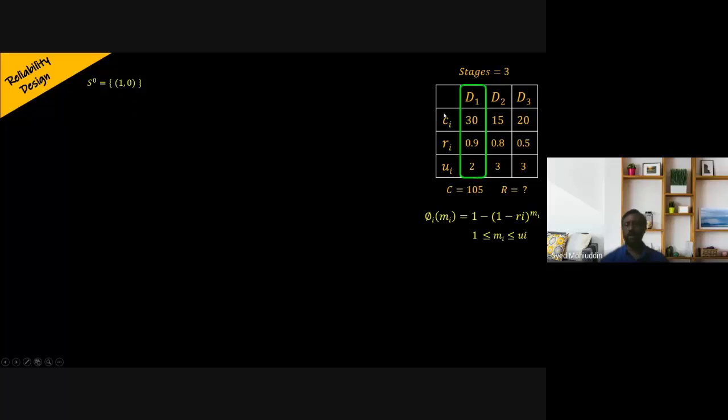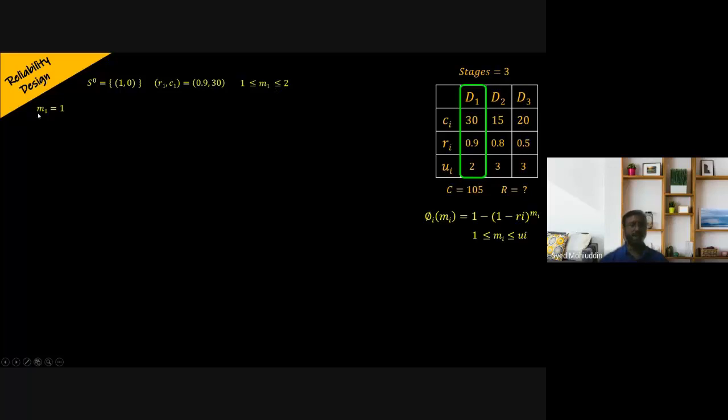And we start at stage 1 where D1 is the device and we can use at most 2 devices. So R1, the reliability, is 0.9 and C1, the cost, is 30. The number of devices M1 can be 1 less than or equal to M1 less than or equal to 2, because at most 2 devices can be used.